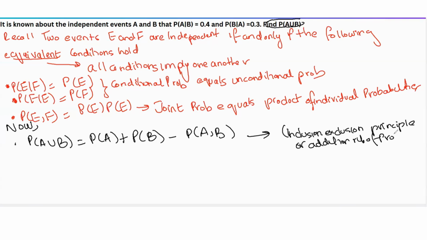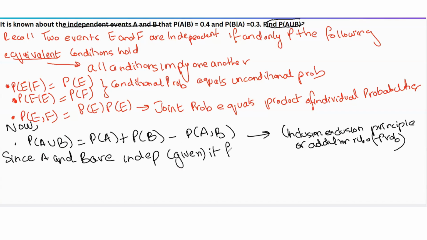Now, since A and B are independent, which is given to us, we can apply this.